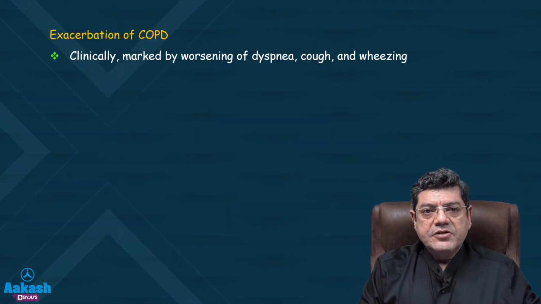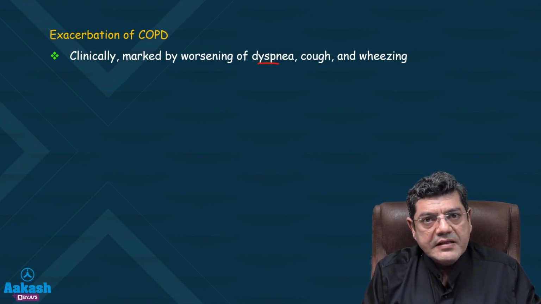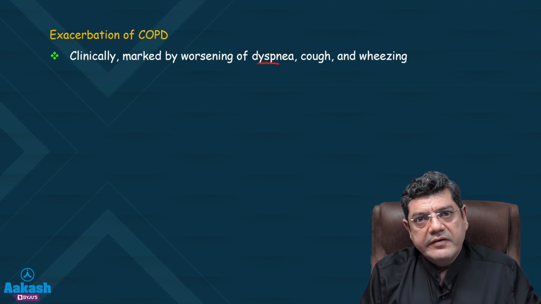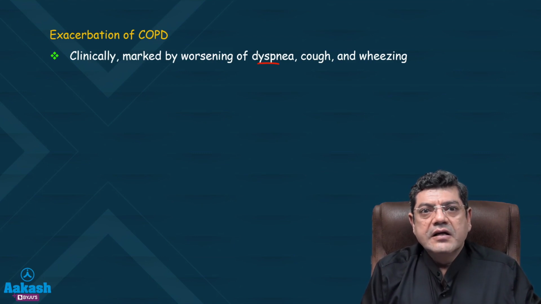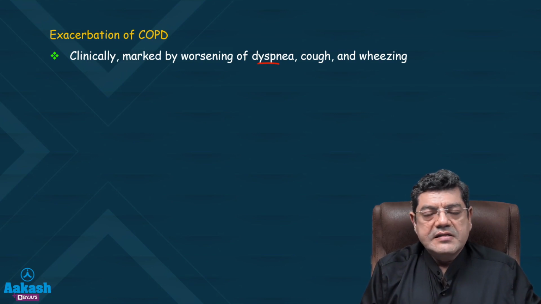Okay, let's keep moving. An exacerbation of COPD will be marked by worsening of dyspnea, so they'll become more breathless, their respiratory rate will be higher, they'll be tachypneic, and they'll be visibly distressed due to their breathlessness.